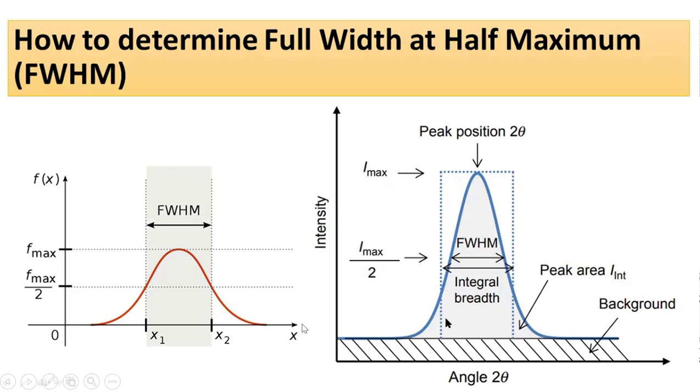If our XRD data does not start from 0, it has some background noise, then we have to measure the maxima from the baseline of this curve. So here the Imax is here, half of the Imax is here, and the full width at half maxima is the distance between this to this.